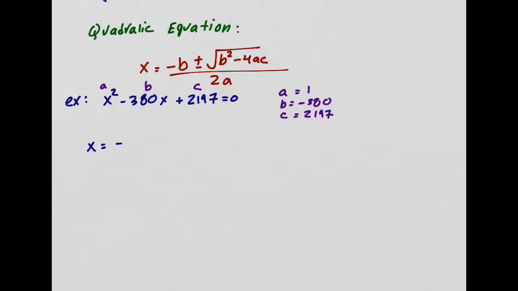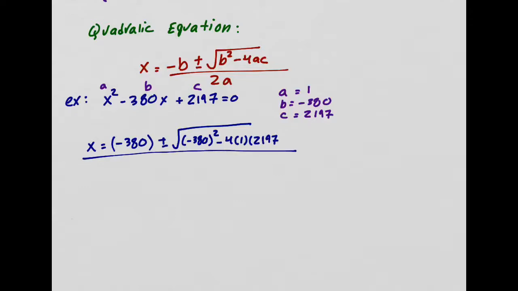So it would be negative 380 is my b, plus or minus the square root of b squared, so minus 380 to the power of 2, minus 4 times a, which is my 1, times c, which is 2,197, over 2a.